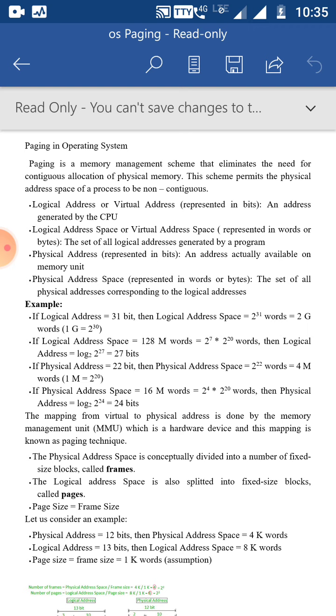0 to 9 bytes is the first page, 10 to 19 the second page, 20 to 29 the third page, 30 to 39 the fourth page, 40 to 49 the fifth page, 50 to 59 the sixth page, and 60 to 64 is the seventh page.